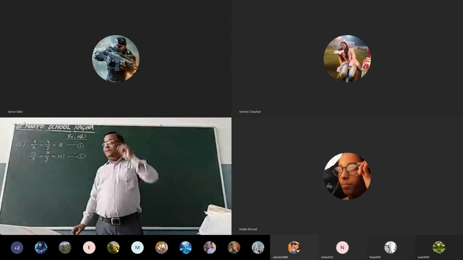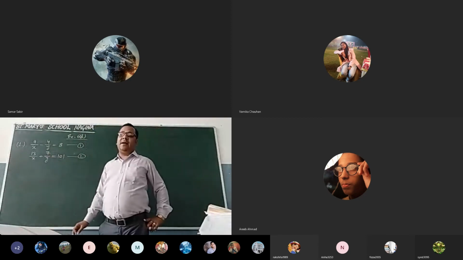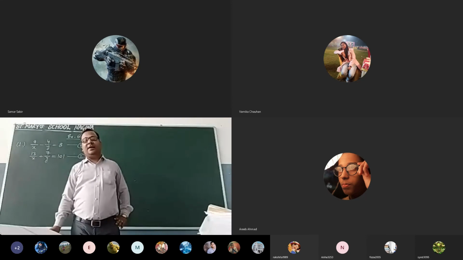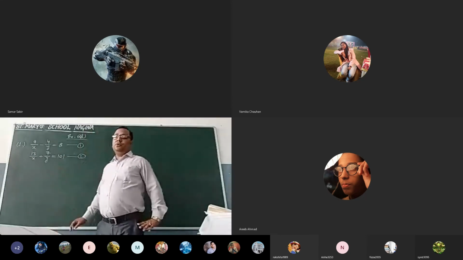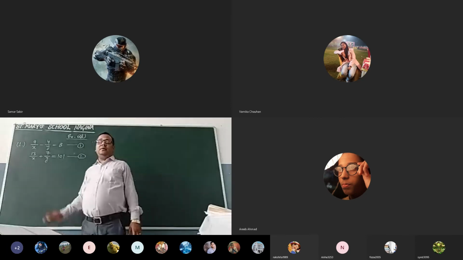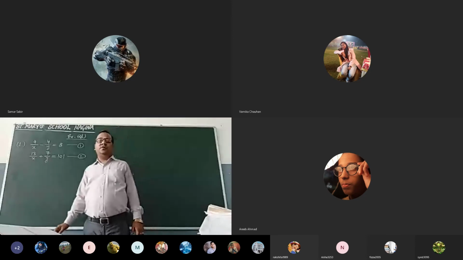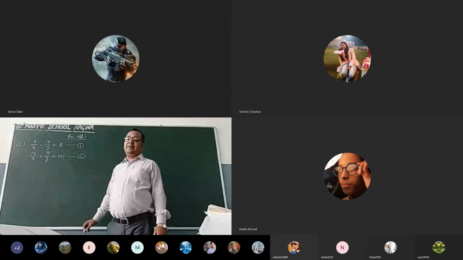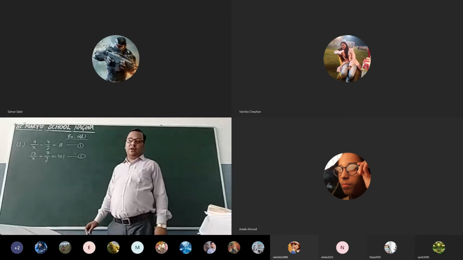Now you can see in these two equations, variables x and y are in the denominator. What will you do to solve such type of equations? In such equations, we can reduce them into linear equations. I will suppose 1 upon x as u and 1 upon y as v.